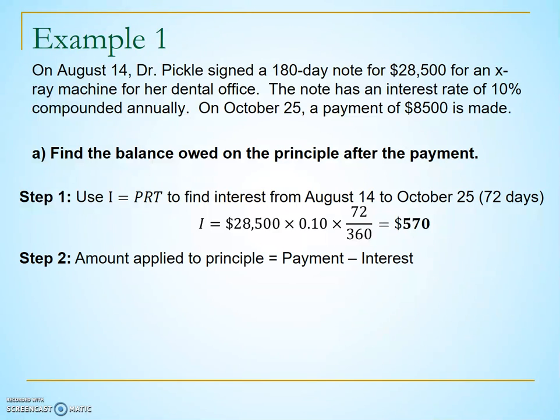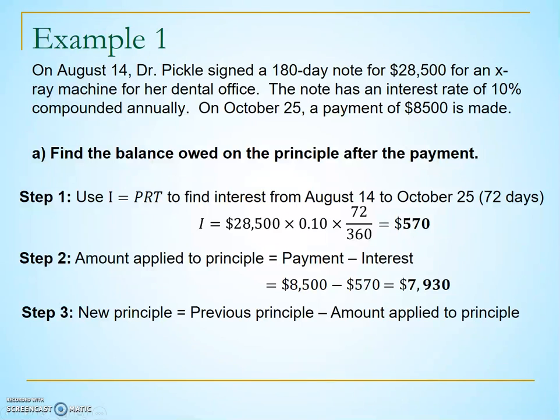Step 2 is to subtract this interest amount from the payment made to find the amount of payment that is applied towards the principal. $8,500 payment minus $570 interest earned results in $7,930 of the payment being applied towards the principal.